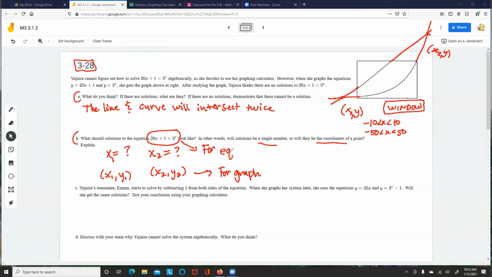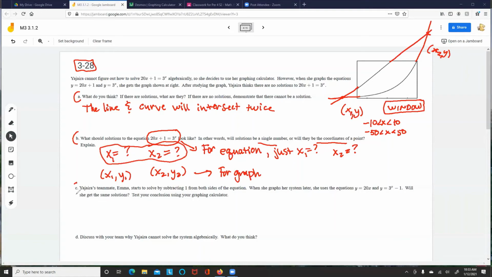So if we just use the equation, we're just going to get x equals something, x1 equals something and x2 equals something. We're not going to get a y. But if you actually do the graph, you can get an x and a y, and you can only get an x and a y if you use the graph. Most of the time we're going to use algebra, but if you're allowed to use a graphing calculator, then you can get a graph. But usually we're just going to look for these two answers right here, just an x, okay?